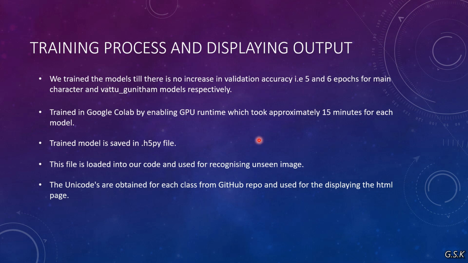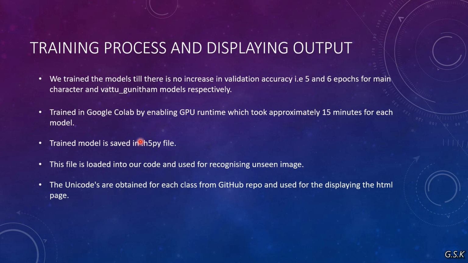Both of the models took approximately 15 minutes, and the Vattugunitham model took a little bit more time due to recognition of more classes. After training, we saved the model into an .h5 file, so by using this file we can access the weights of the trained model remotely.